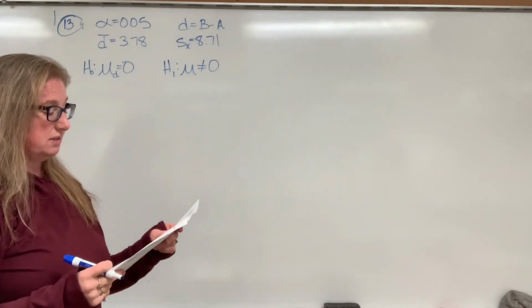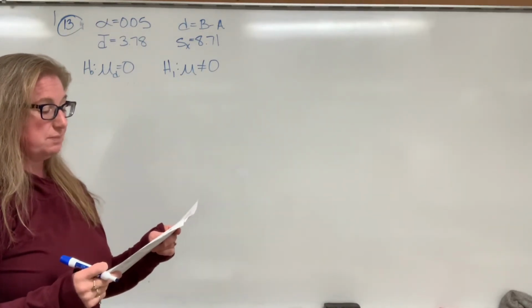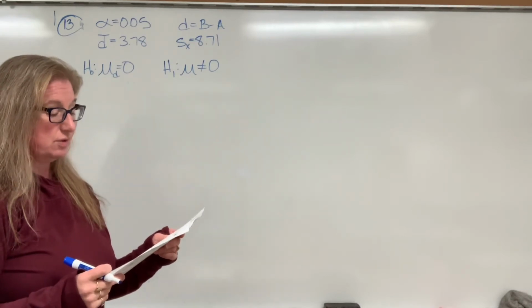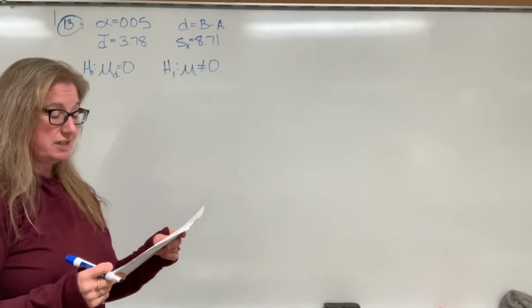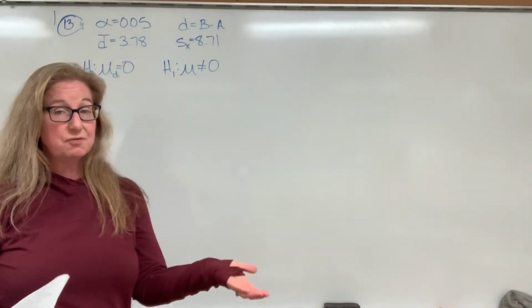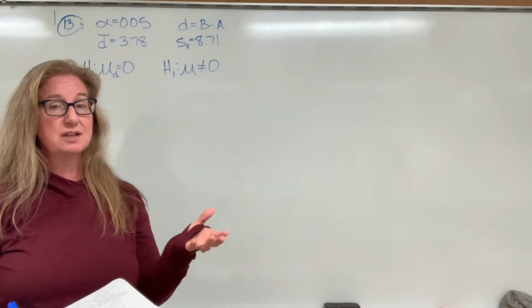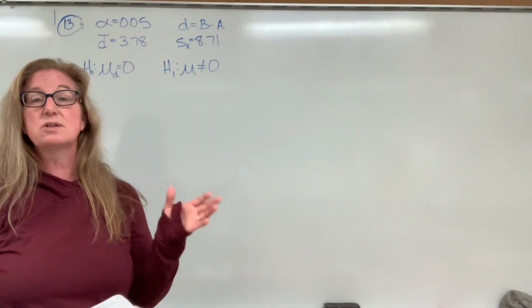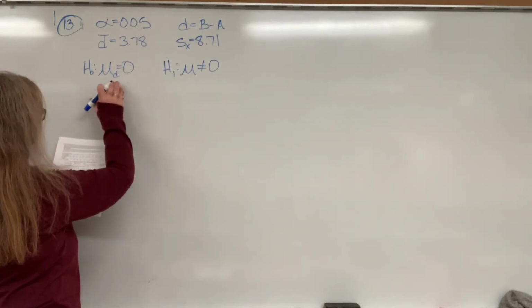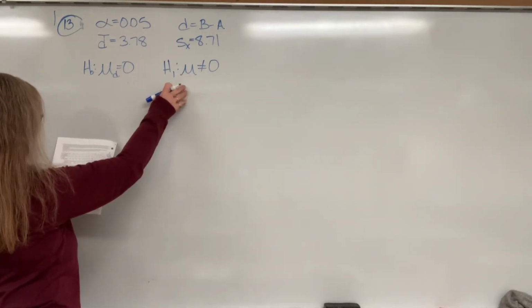It says, do these indicate the population mean percentage increase in corporate revenue, row B, is different from the population mean percentage? So it says different, but it doesn't tell us bigger or smaller, it just says different. Okay, so there's our null and alternative hypothesis.